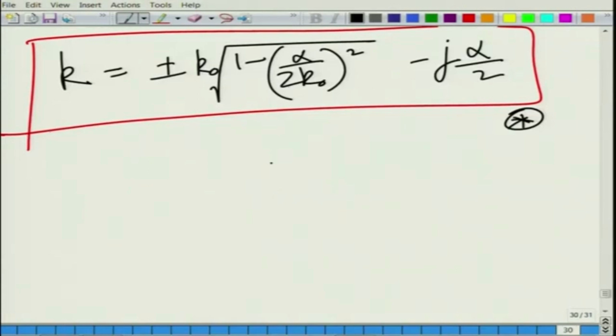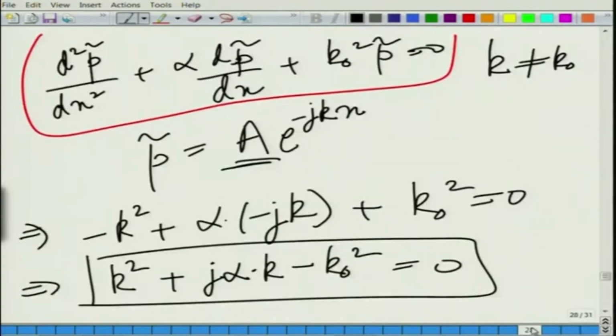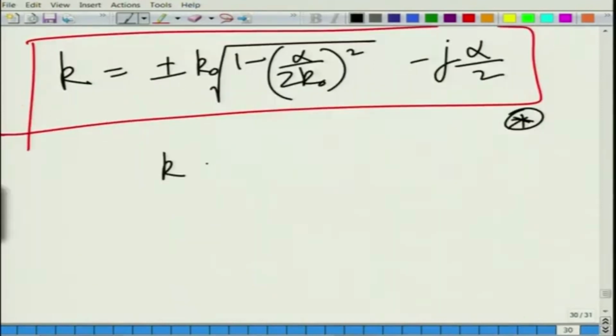So, this would basically mean that the wave number is deciding whether the wave would be propagating or not. Now, clearly we assumed a solution of the form A into e to the power minus j k x. So, already j is there. So, k has to be real. Why? For propagation.